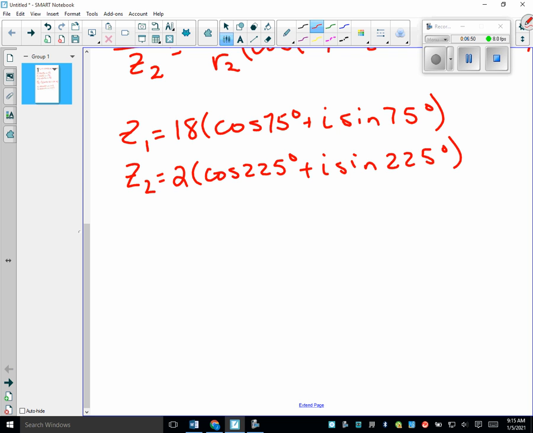Okay, I'm ready to divide. So when I divide Z1 divided by Z2, and let me tell you, it is different if I'm dividing Z2 by Z1, so you have to pay attention to which one we're dividing by what. What is my new r? 9. Then what is my angle?